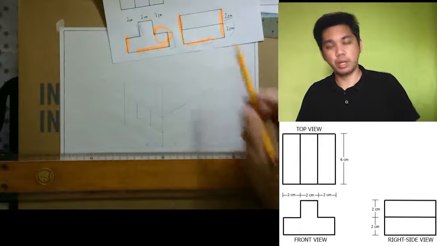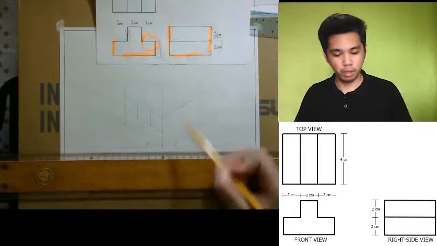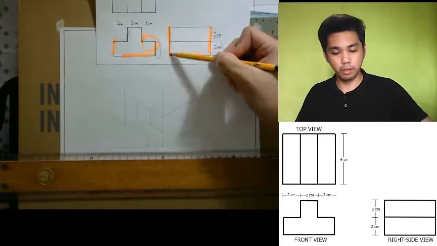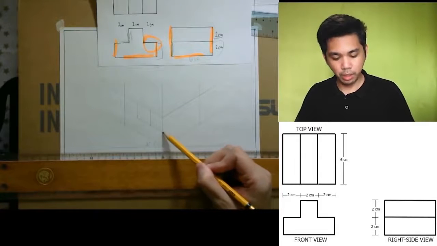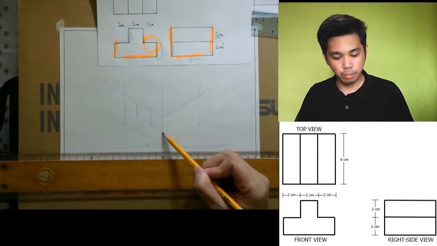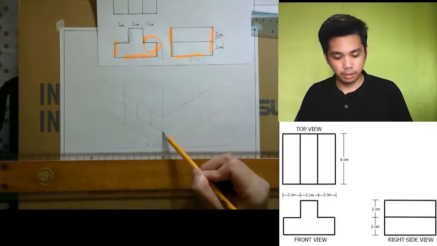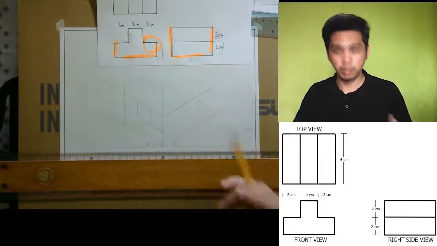Now let's try to do the right side view. We know that the height of this one is 2 centimeters also. So from here to here, this is 2 centimeters. There should be a line going to the right side.